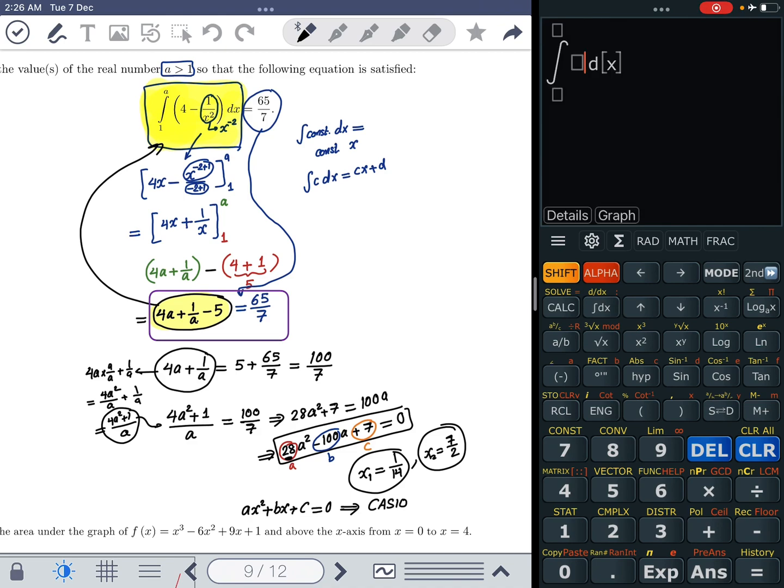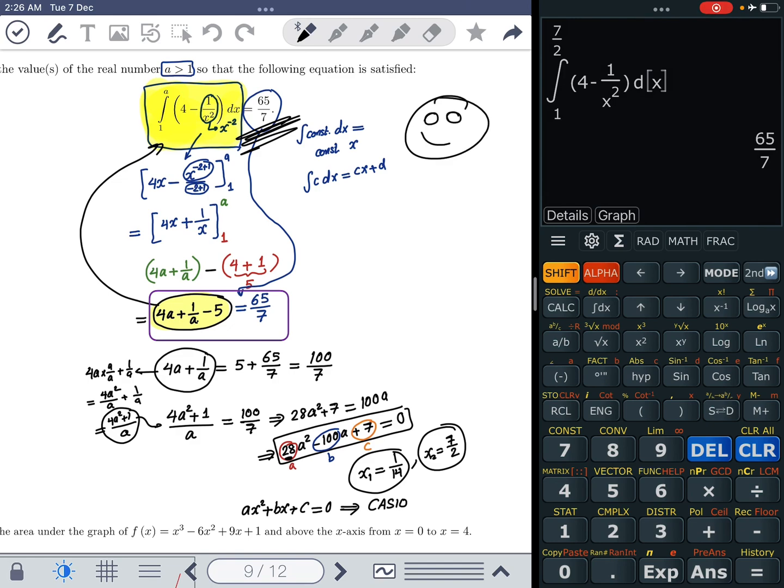So let's see, the integral from 1 to 7 over 2 of 4 minus 1 over x squared, and we put parentheses here for it to look nice, equals 65 over 7. With a very happy face. Yes. So therefore, the right value of a is 7 over 2.